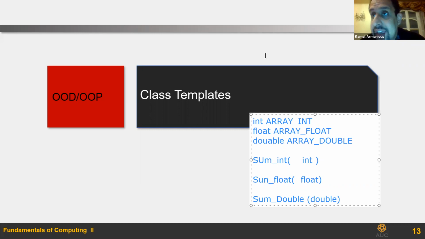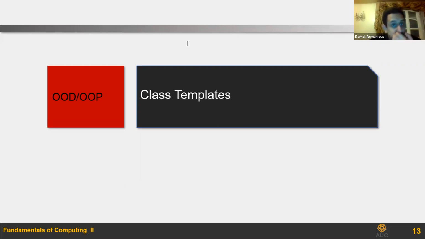If from the main I want the function to sum integer, then I can do this. If I want the function to sum float, I can do this. If I want the function to sum doubles, I can do this. I will show you an example and then خلاص we're done.